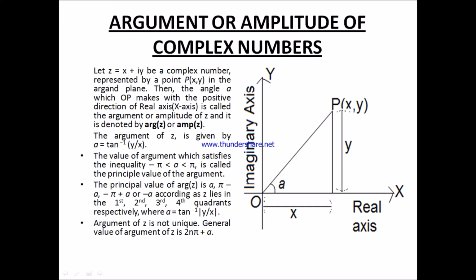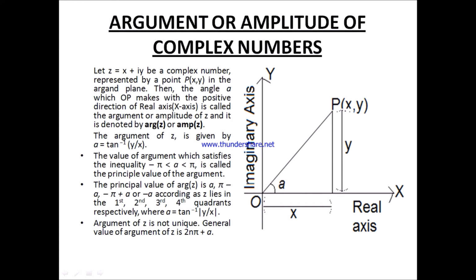If the complex number z lies in the first quadrant, then the principal value of the argument is simply alpha. If it lies in the second quadrant, then we have to carry out the pi minus alpha operation in order to get the principal value of the argument of z.